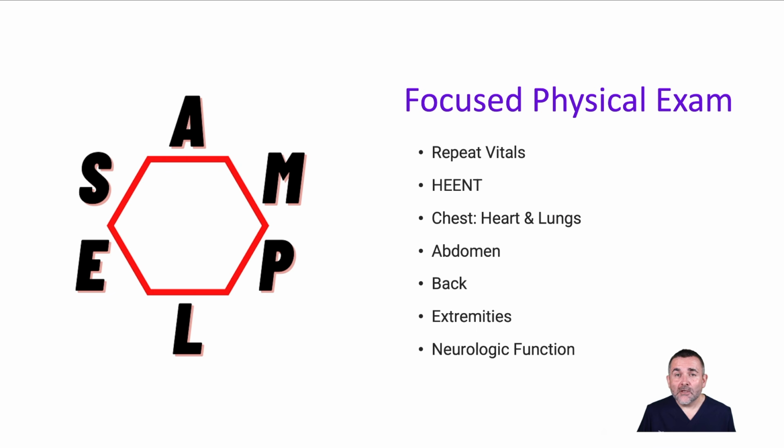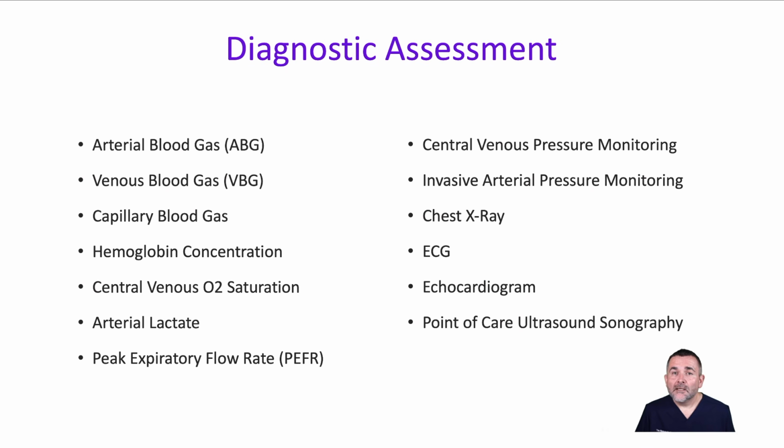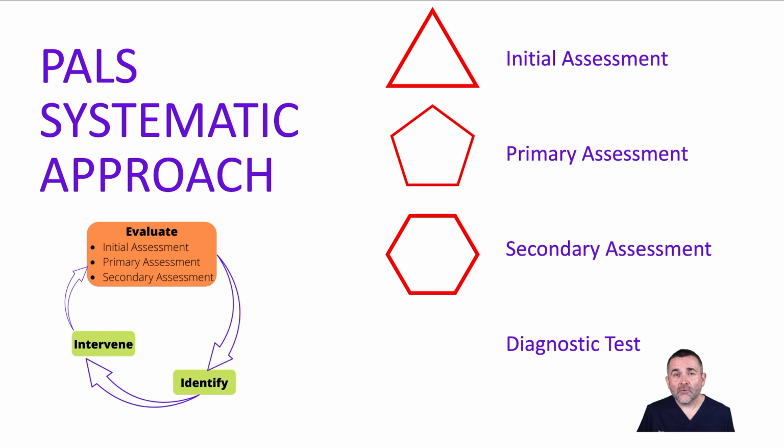We need to also look at the chest and consider the heart and lungs, and our outer chest. Abdomen, back and extremities, and neurologic function. Diagnostic assessments include further tests such as ABG, VBG, chest X-ray, and ECG, to name a few.